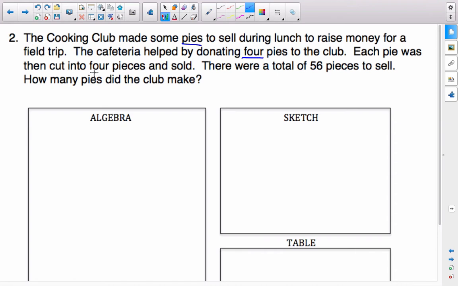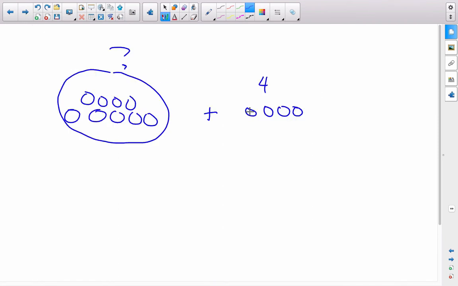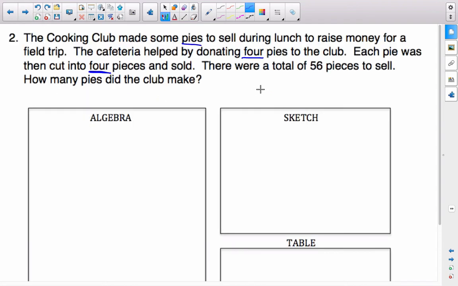Each pie was then cut into 4 pieces and sold. Okay, so then the next thing that happens is all of those pies get chopped up into 4 pieces each, right? Yep. So we know how many pieces we get, but we don't know how many pieces are resulting from that exactly. And then the last bit is then there were 56 pieces to sell.